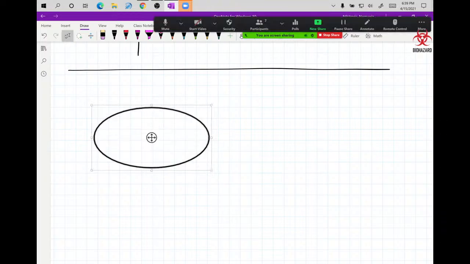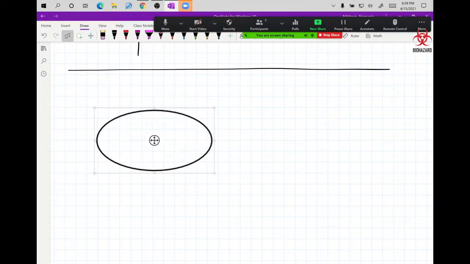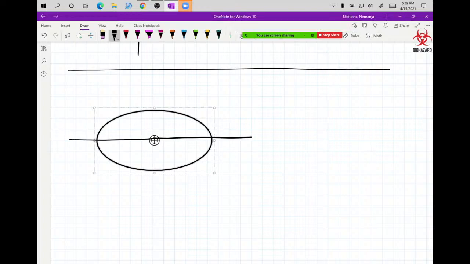And what I want to do with this now is to show the equation for the ellipse. Now, this ellipse is going to go through the center 0, 0 on the xy plane.